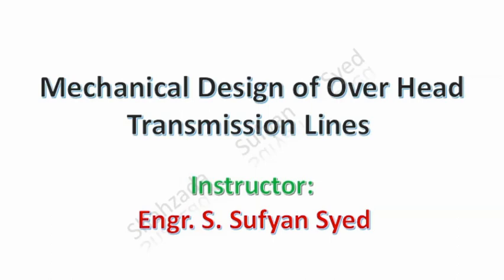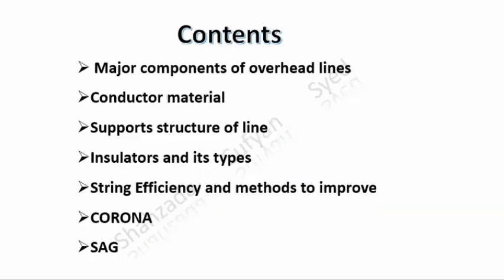In today's discussion we will study some major components of overhead lines: the conductor material, the supporting structure of line, insulators and their types, the string efficiency and methods to improve it, corona effect and sag.